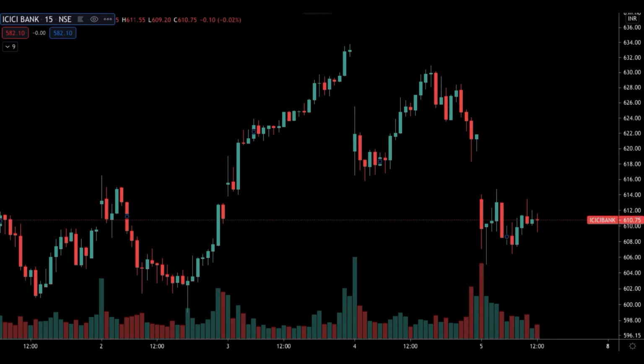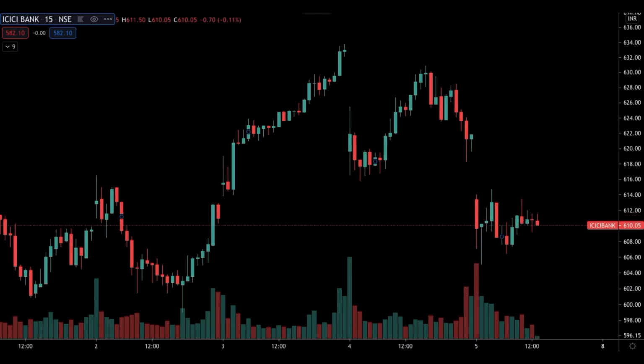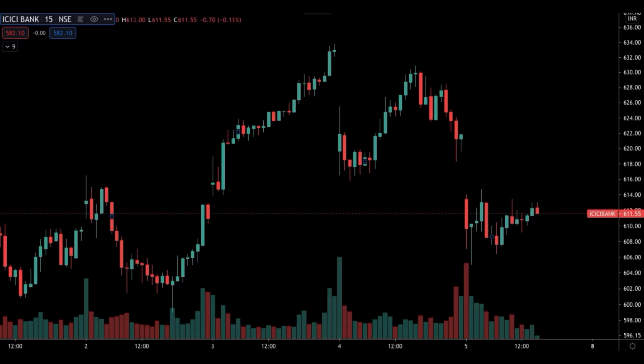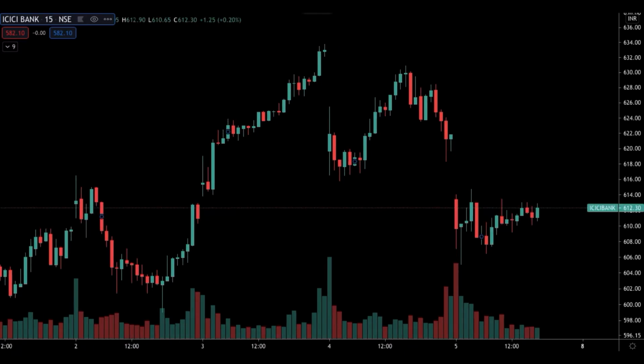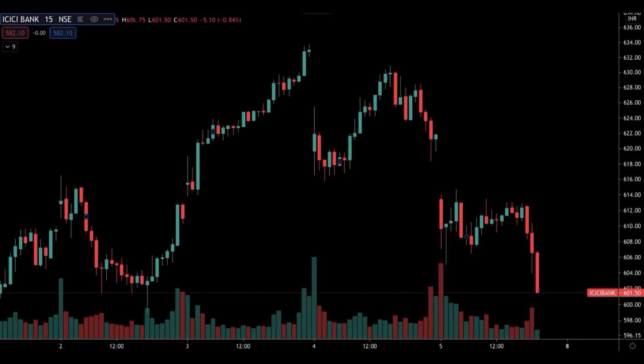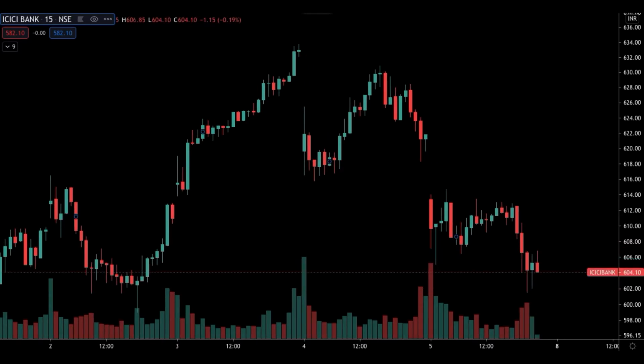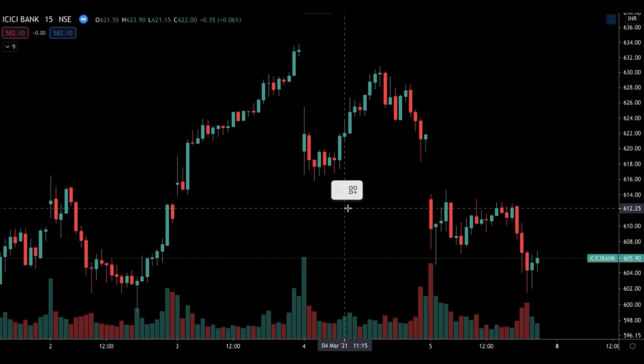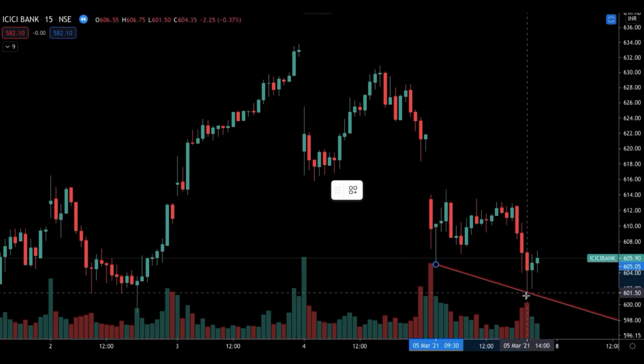Some of you might not be able to see it, so this candle is a minor high and this candle is a minor low. Now the stock is currently consolidating, but it forms another low. Thus we got one of the two trend lines over here.